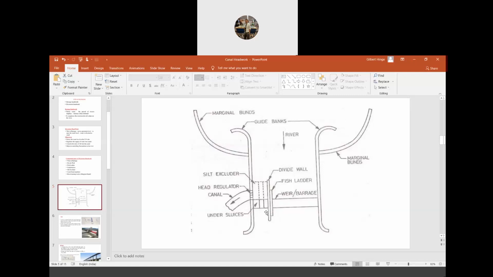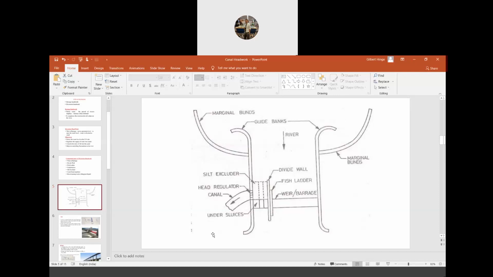Then here we provide this undersluice gate, and along with it some silt excluder, so as to prevent the silt from entering into the canal. The silt will get deposited here, and then we open the sluice gate so that the silt will move to the downstream end. Once all the silt is removed, then using this head regulator here, we adjust how much water is to be diverted into the canal.